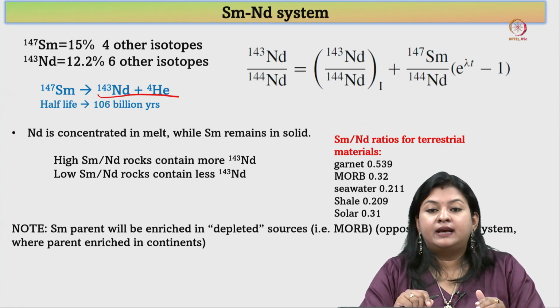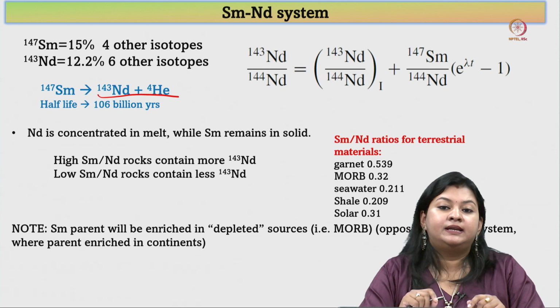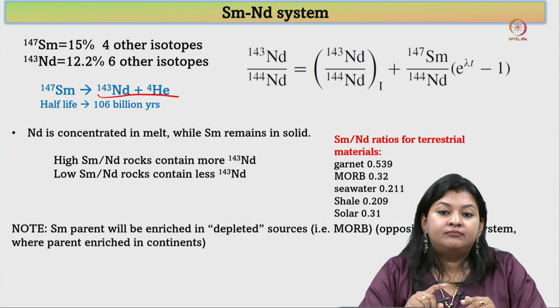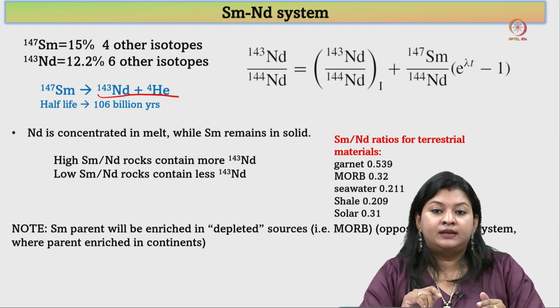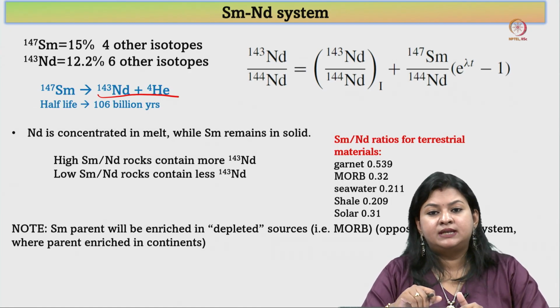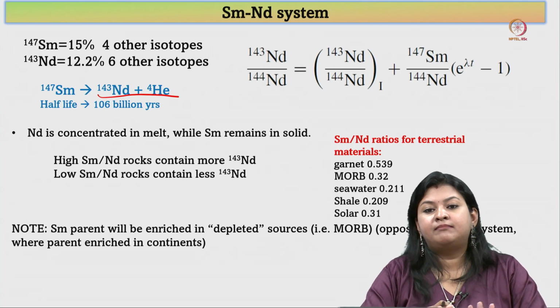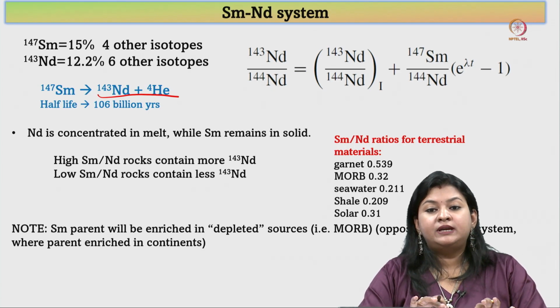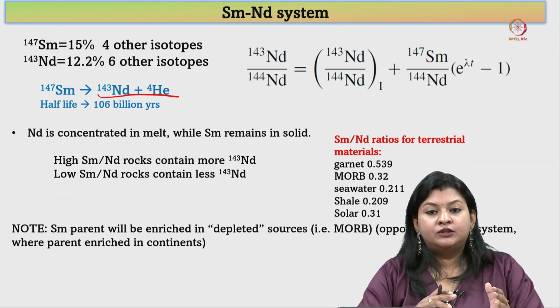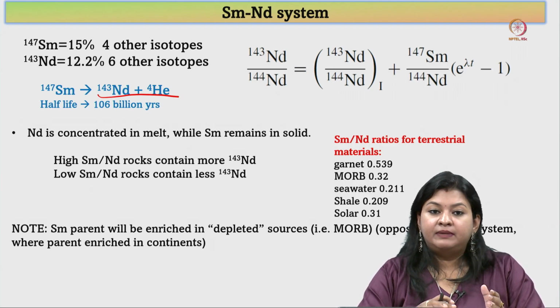Samarium on the other hand is a very compatible element. What do you mean by a very compatible element? That means this particular element prefers to stay in the mantle, it does not like the melt phase. So, it will preferably stay in the mantle as compared to the melt. So, the melt is more samarium depleted.